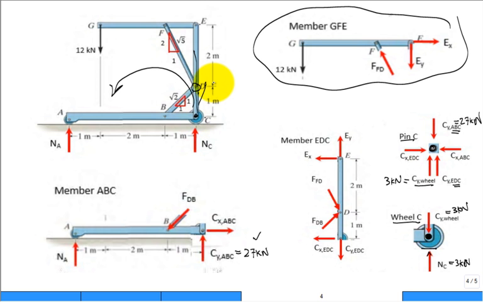And so if it's trying to hold this member EDC down, then the pin feels an upward force equal and opposite from the member. So focus on these two things. They're consistent, aren't they? One is on a free body diagram of the pin, one is on a free body diagram of member EDC.